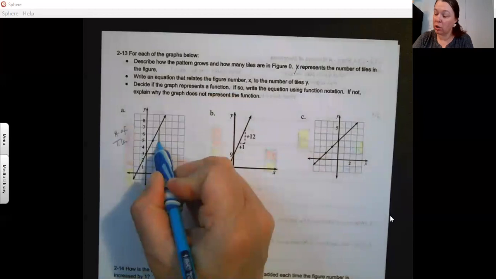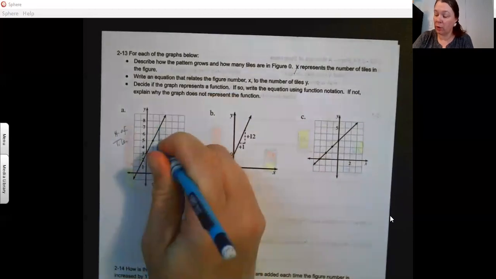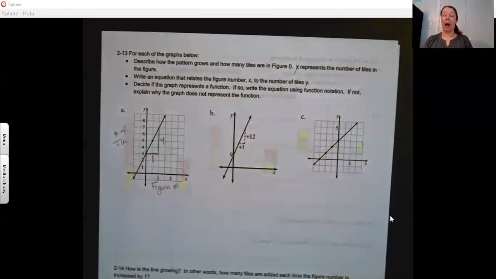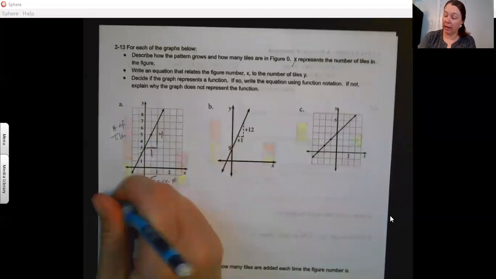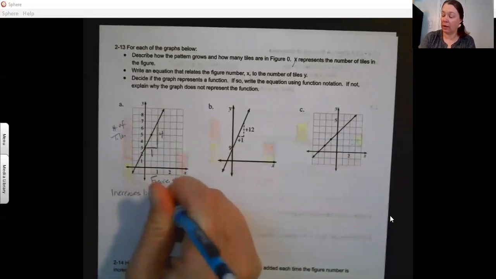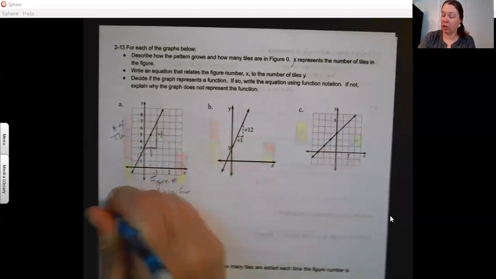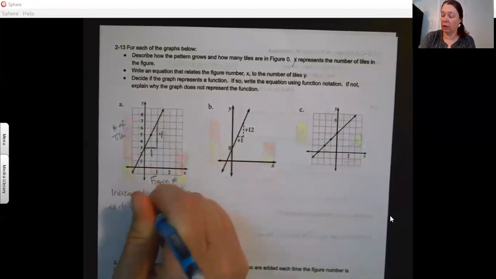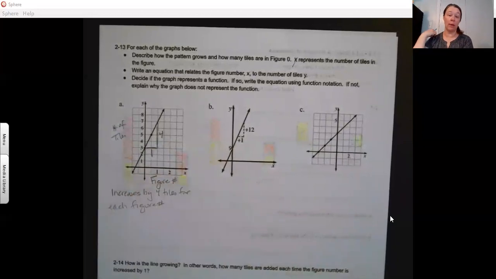So I went up 1, 2, 3, 4. Okay, so for every 1 figure number, I increase by 4 tiles. And so when it says to describe how it's growing, I could say it increases by 4 tiles for each figure number.